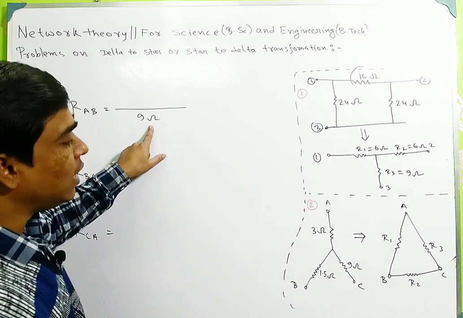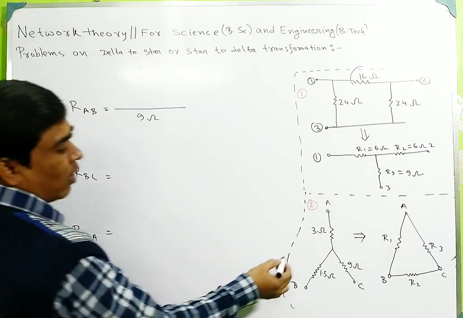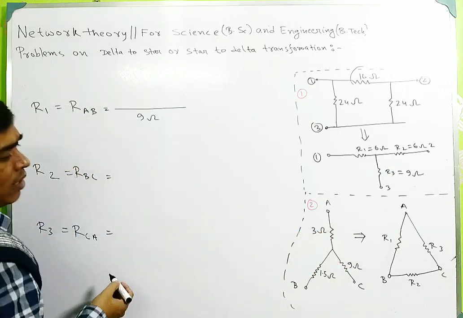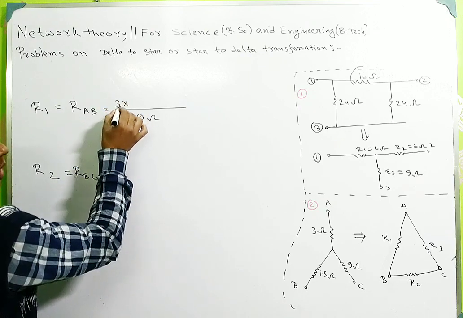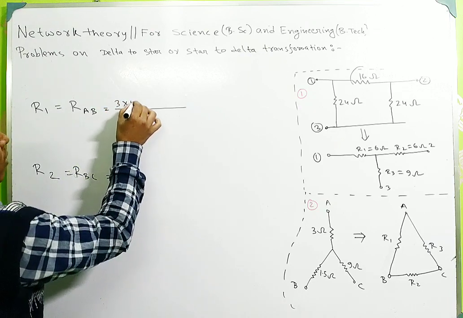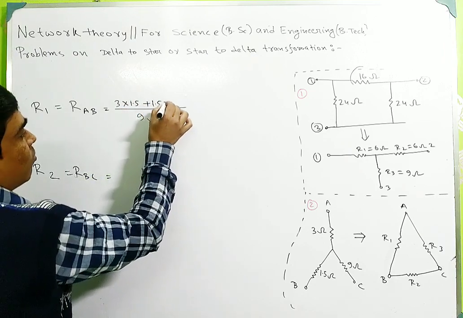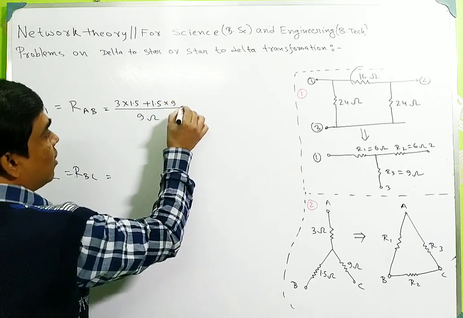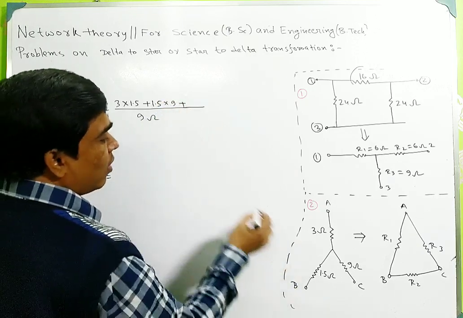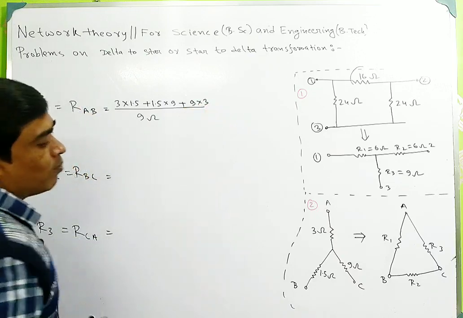So divide by 9 ohms, and it will be the sum of products of these three resistances: 3 multiplied by 1.5 plus 1.5 multiplied by 9 plus 9 multiplied by 3.